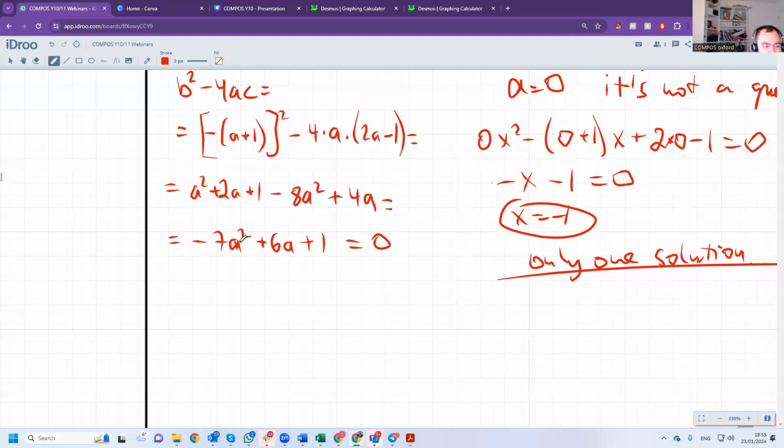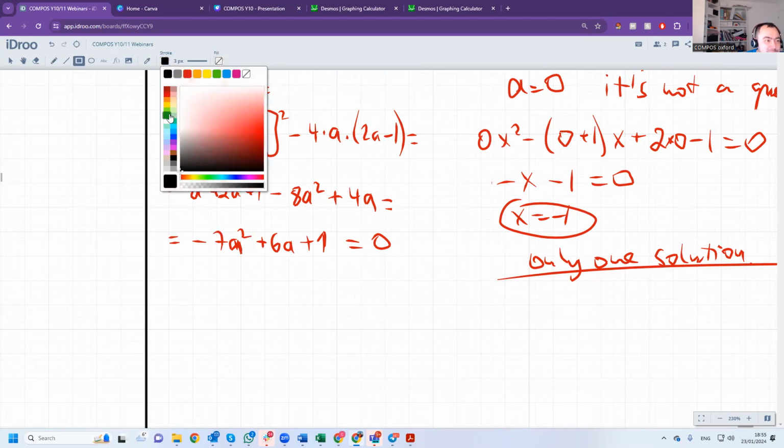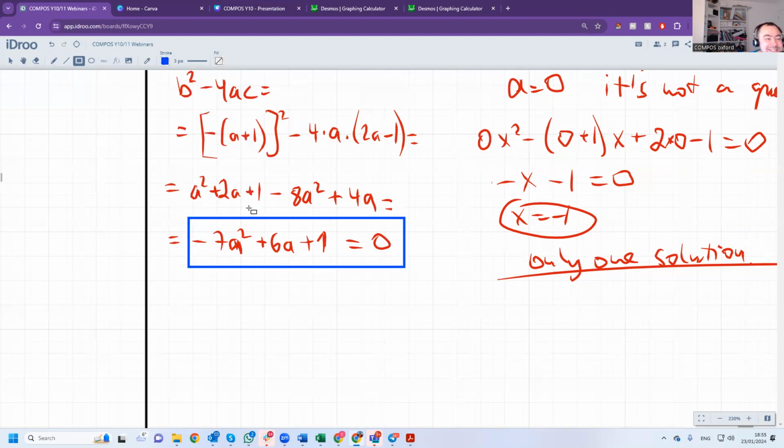All right, and somebody tell me what this is? What's so special about it? Yes, it's special case 1.